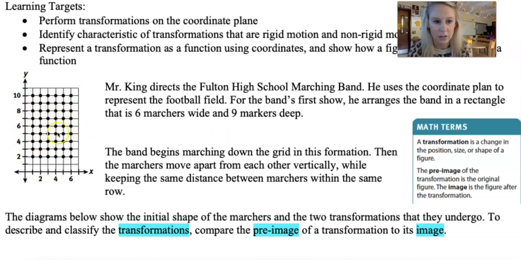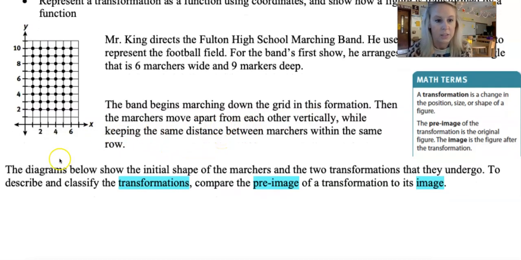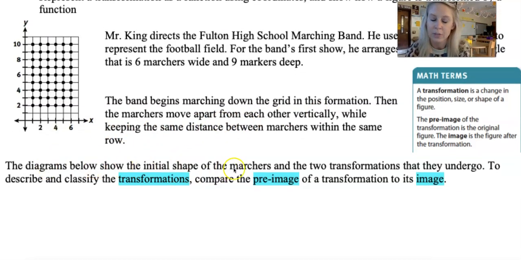They are all spread out nice and evenly. The band begins marching down the grid in this formation. Then the marchers move apart from each other vertically while keeping the same distance between the marchers within the same row. The diagram below shows the initial shape of the marchers and the 2 transformations that they undergo. To describe and classify the transformations, compare the pre-image to its image.